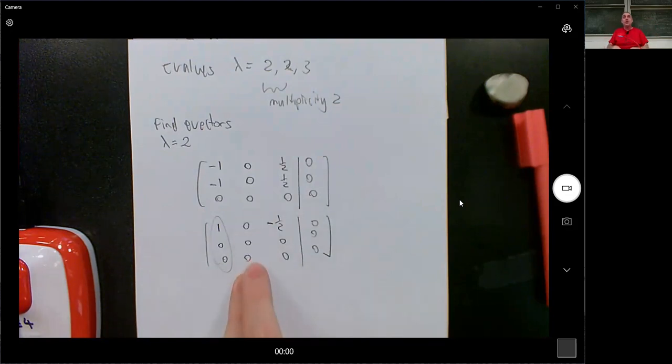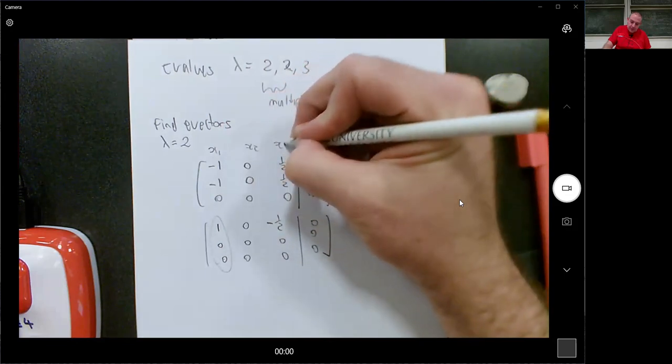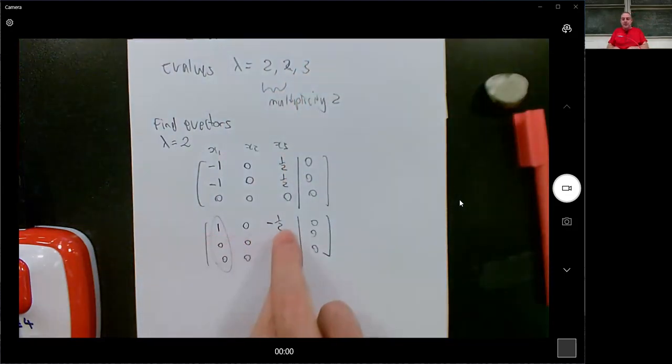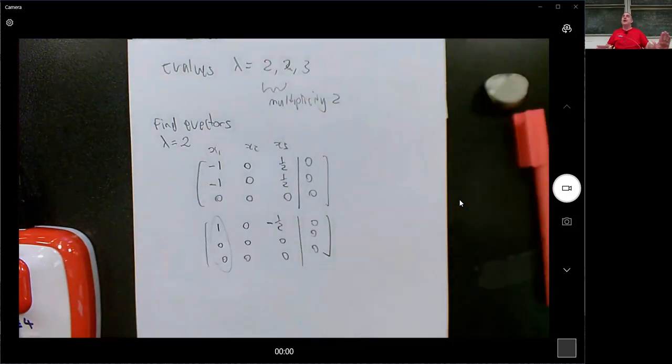This column of zeros does not mean that the second variable is 0. It can be anything. These equations, you know, if this is like x1 and x2 and x3, 1x1 minus a half of x3 is 0, and the equations do not mention x2, so x2 can be whatever you want because it doesn't come into these equations.